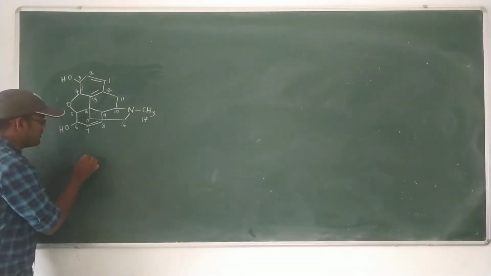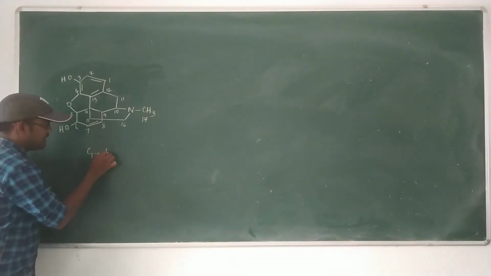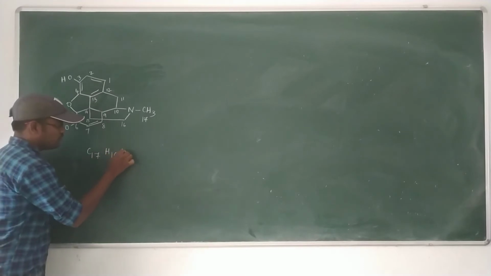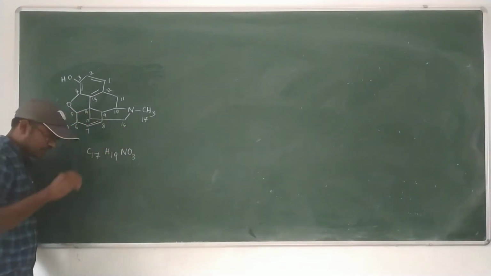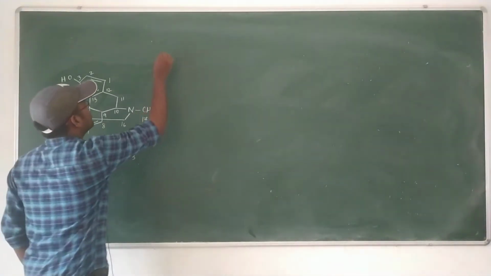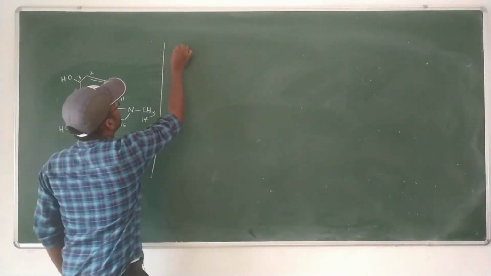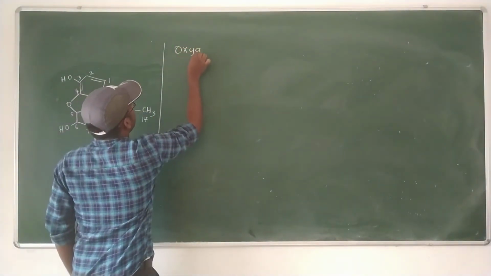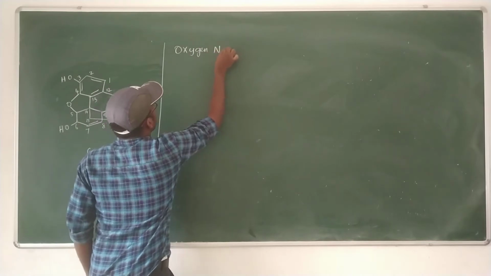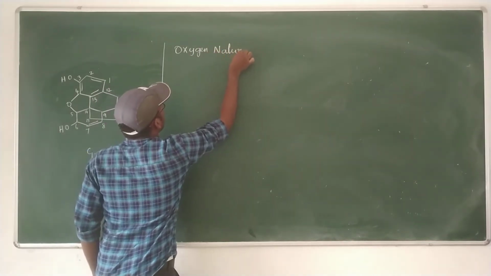Morphine molecular formula is C17H19NO3. In this video we will first discuss the nature of oxygen.